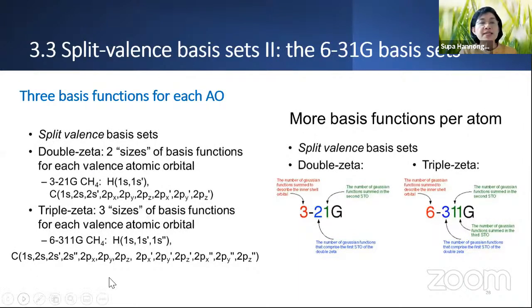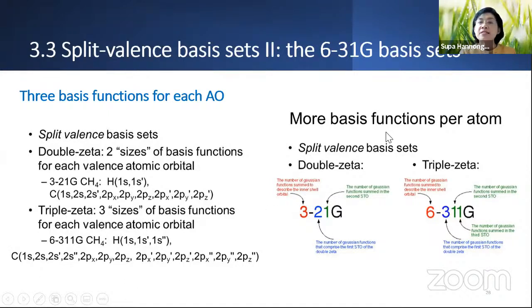And for the triple zeta, now you can have 3 sizes of basis functions for each valence atomic orbital. In this case, in methane, the hydrogen atom has triple zeta. That means you have 3 basis functions to represent the valence electron, and for the carbon atom also.